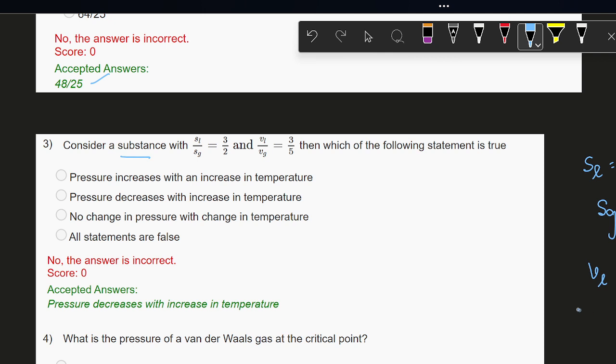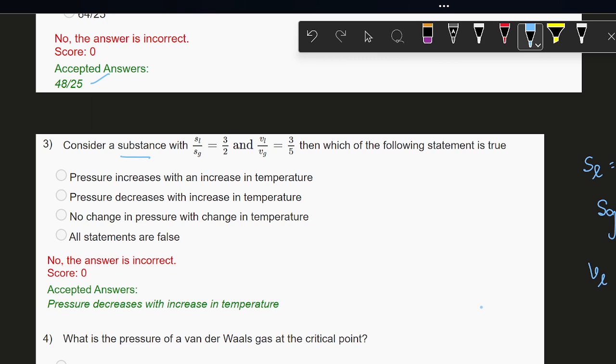And so basically this is all the information that is given to you. There is a certain ratio that is maintained between SL and SG and a certain ratio between VL and VG. Now you have to know what the relation is between the pressure and the temperature for the same substance, because all the options are in terms of whether the pressure increases or decreases with the increase or decrease in temperature, right?